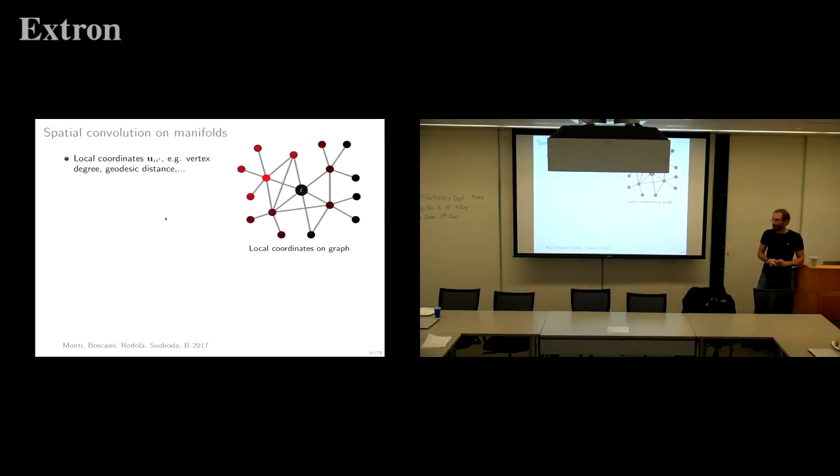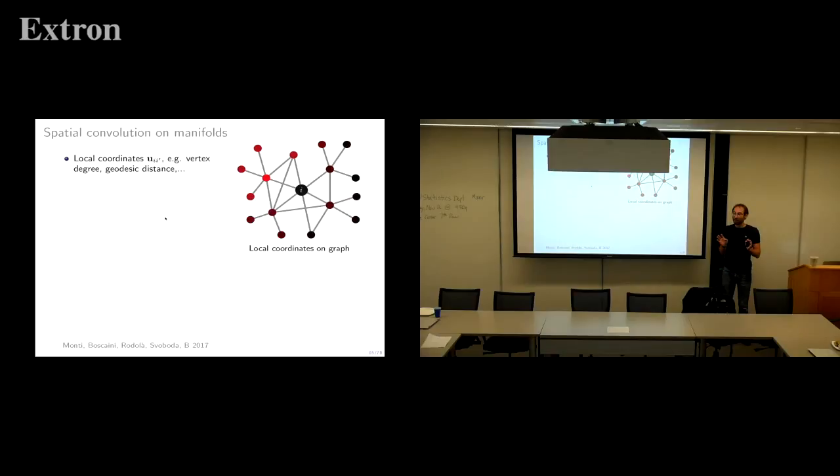A way would be basically to consider some kind of local charting or local system of coordinates around each vertex. It doesn't necessarily need to be a bijection, so it doesn't need to be a unique system of coordinates from which we can recover the original representation. Basically, you can think of these as pseudo-coordinates. It just allows us to map the vertices with respect to the central vertex. I denote them by u_ii'. They might have certain dimensions.